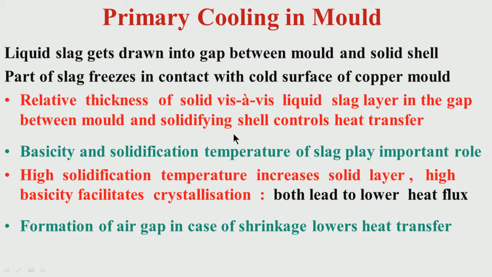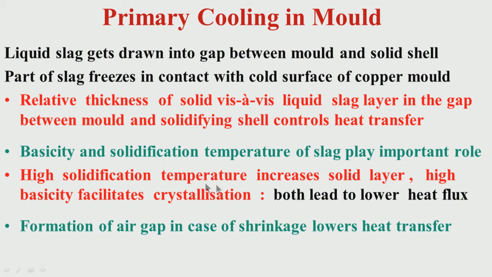As the liquid slag is getting solidified, high solidification temperature means it will get solidified at relatively higher temperature. So, the higher the temperature, thicker will be the solid layer of the mold slag.